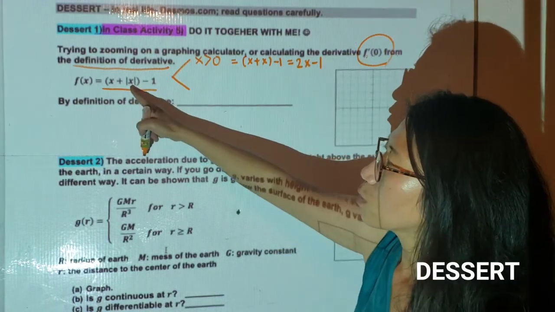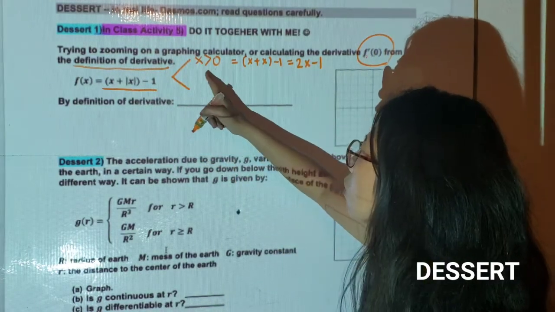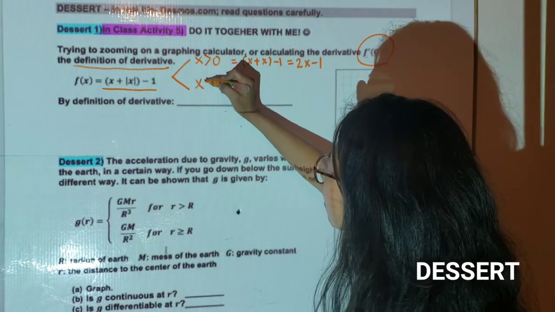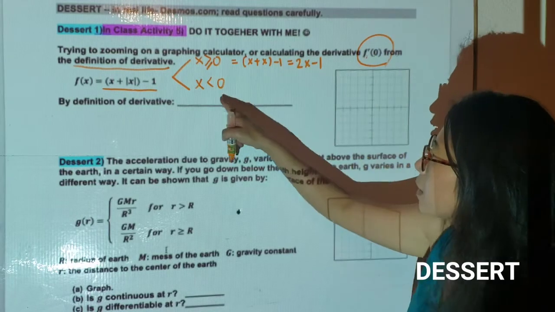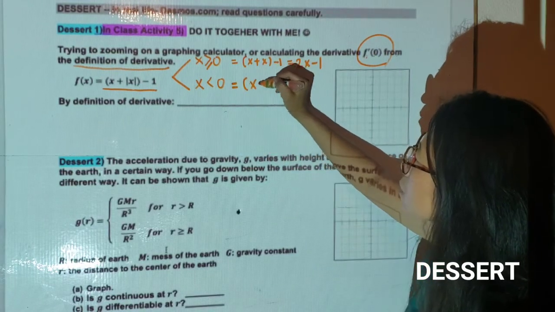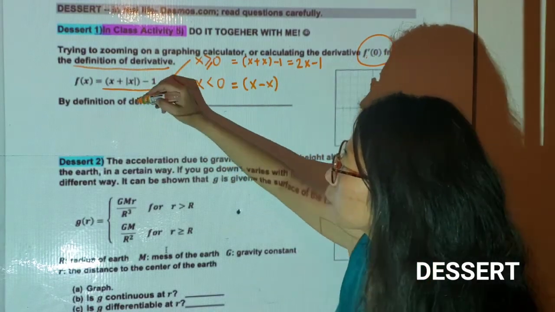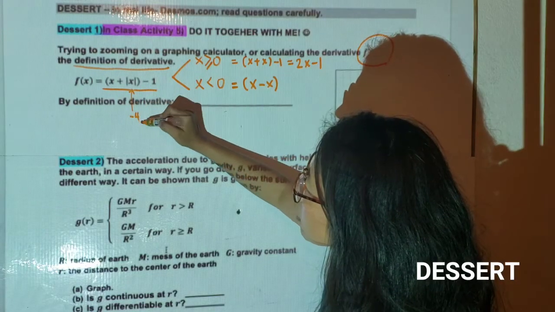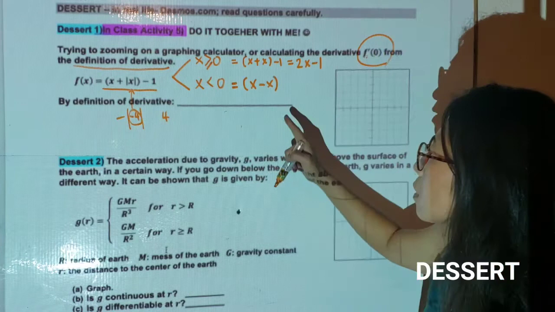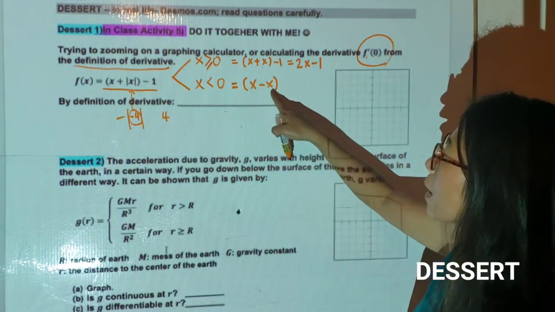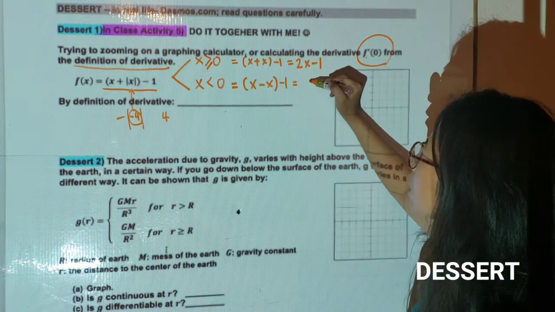Because the absolute value number will always be positive, so it just comes out itself. X is less than 0, or you can put actually equal to. Then it's going to be x minus x. Because if you plug in -4, you want to make it +4. So you have to give it a negative outside. So I give the negative outside, so negative x, and then -1, that gives me -1.